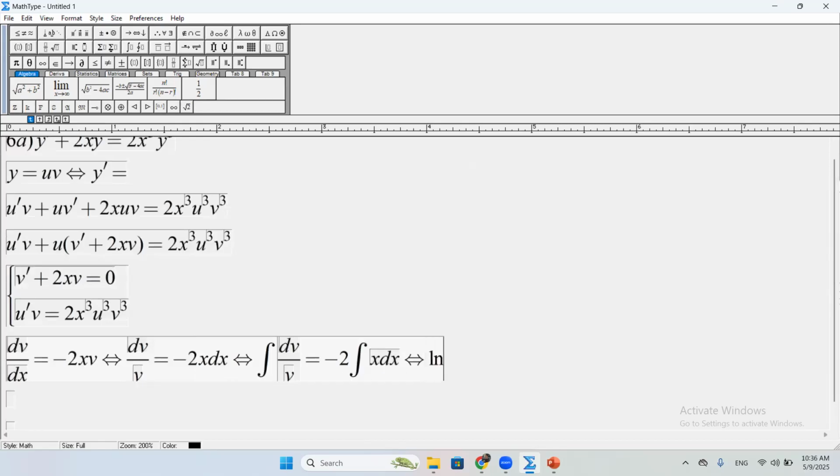So the logarithm of the modulus of v equals minus x squared plus c, plus the logarithm of c.